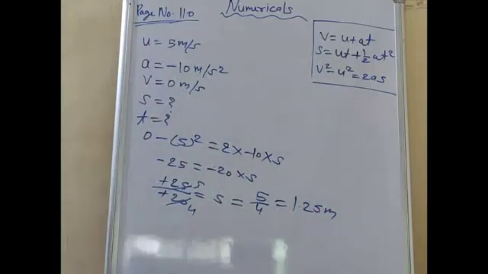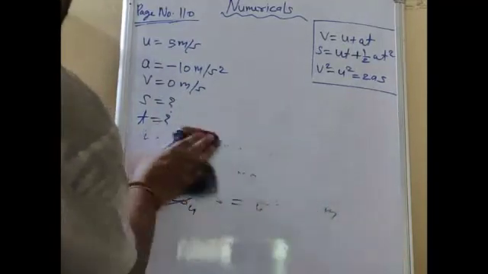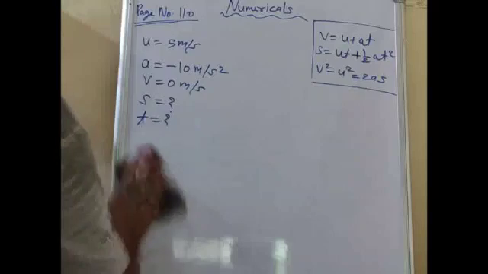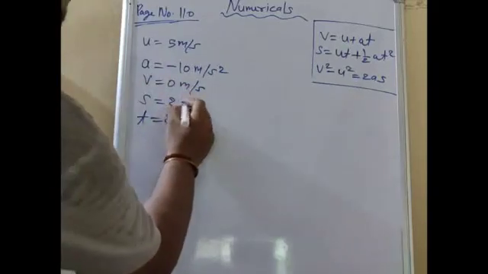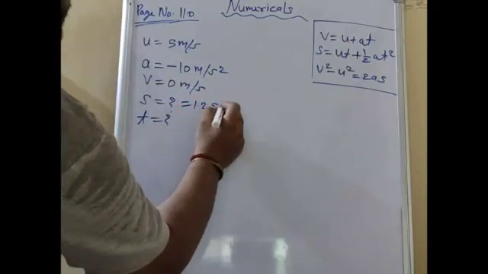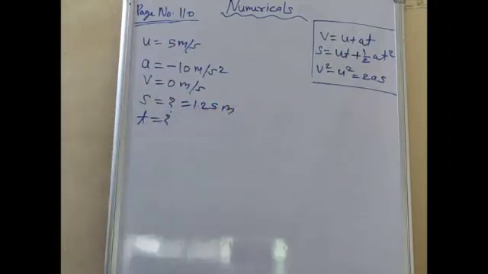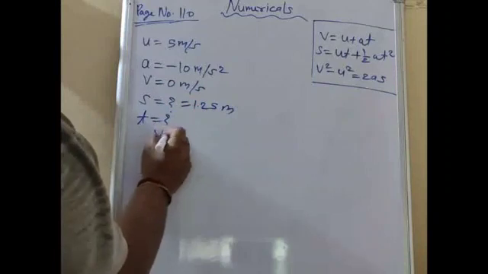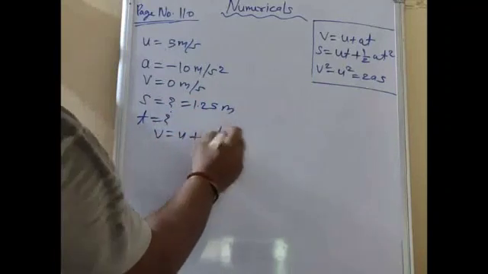So s is 1.25 meter. Now we will find the time. For time, you can use v is equal to u plus at.